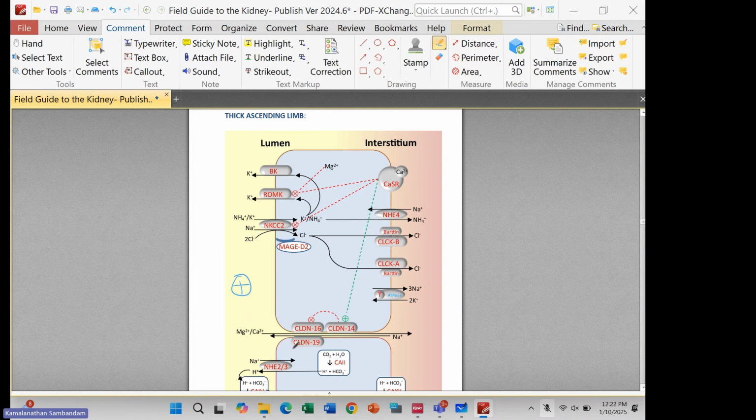We're going to talk about claudins next as a cause of magnesium wasting. But again, I need to create this lumen positive potential difference, right?